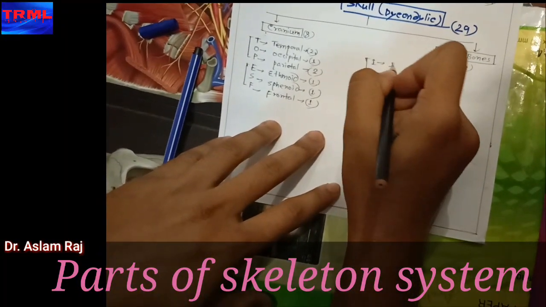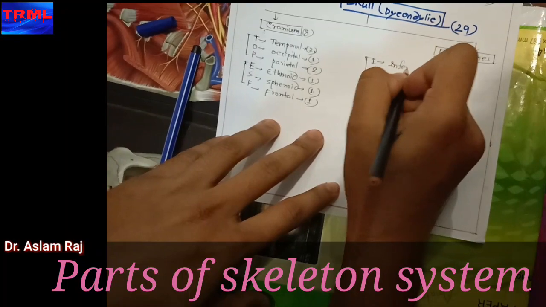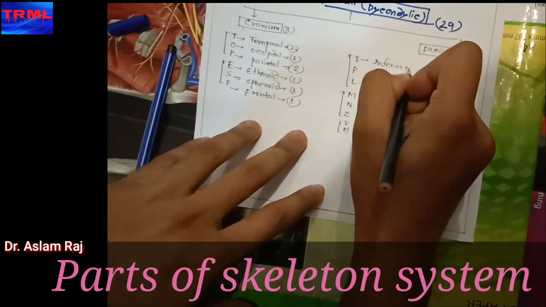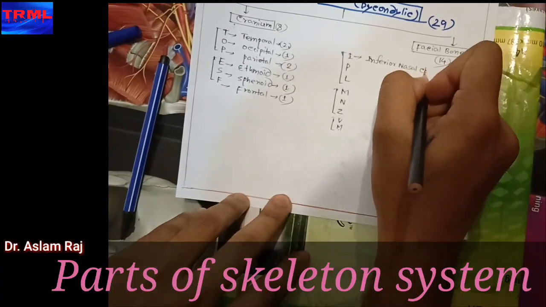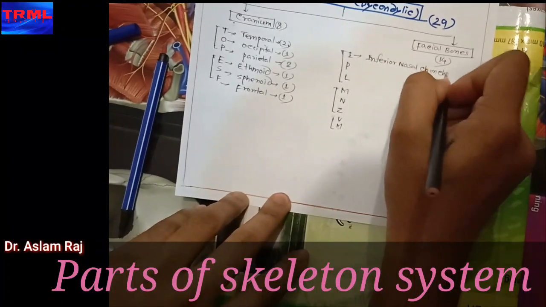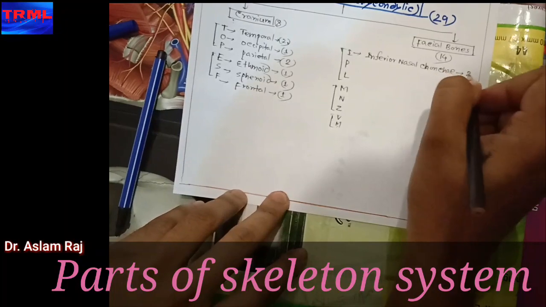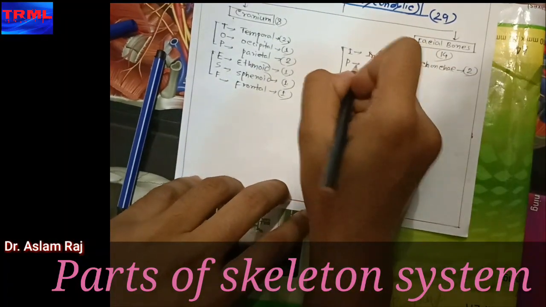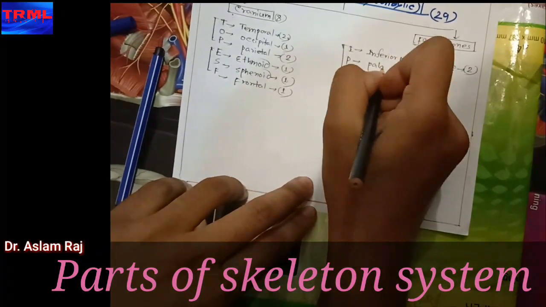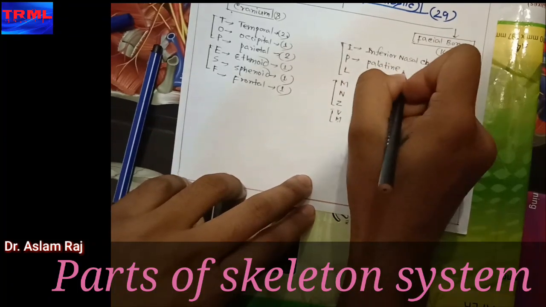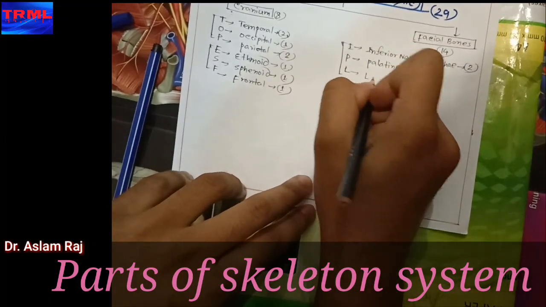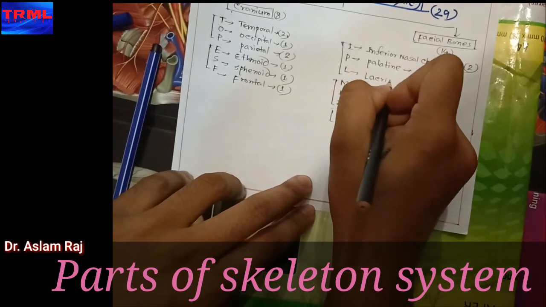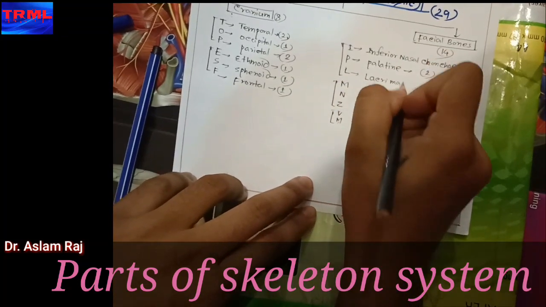I for inferior nasal concha. This is a pair of bones, means number of bones is 2. Then P for palatine, also a pair, 2. Then lacrimal also contains 2 bones.